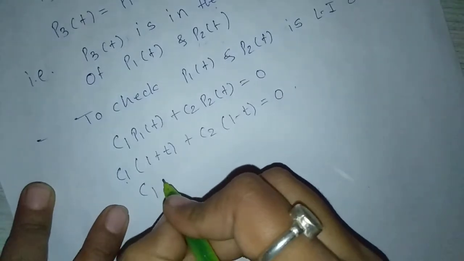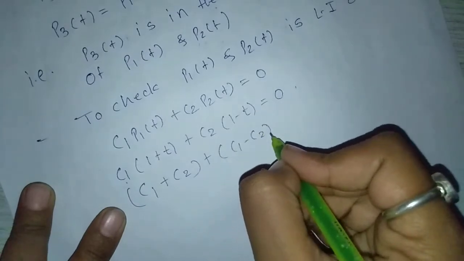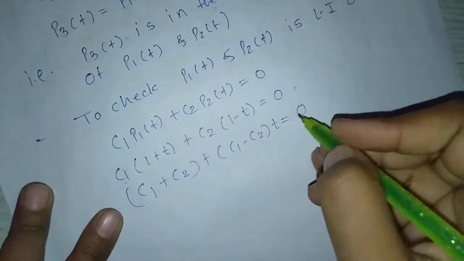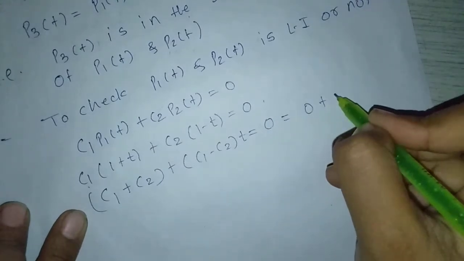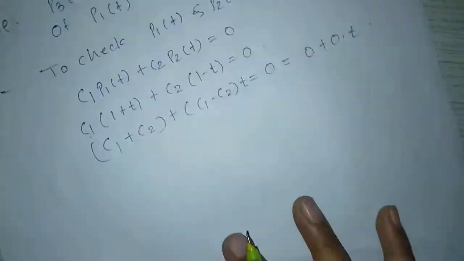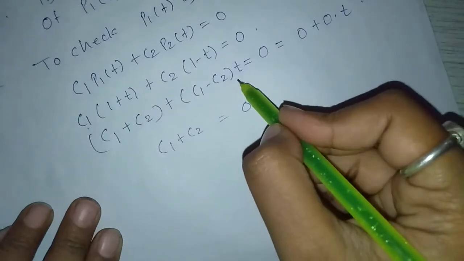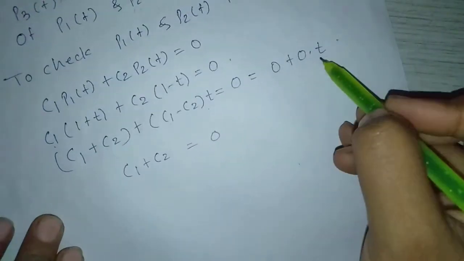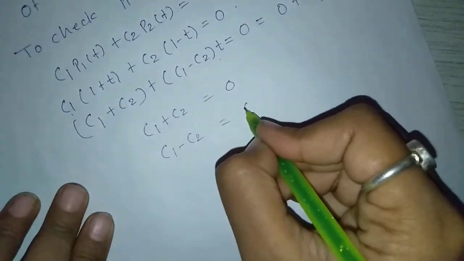Simplifying it, we get C1 plus C2 plus (C1 minus C2) into t equal to 0. This 0 can be written as 0 plus 0 into t. Now comparing these two, we get C1 plus C2 equal to 0. Here the coefficient of t is C1 minus C2 and there the coefficient of t is 0, so C1 minus C2 equal to 0.